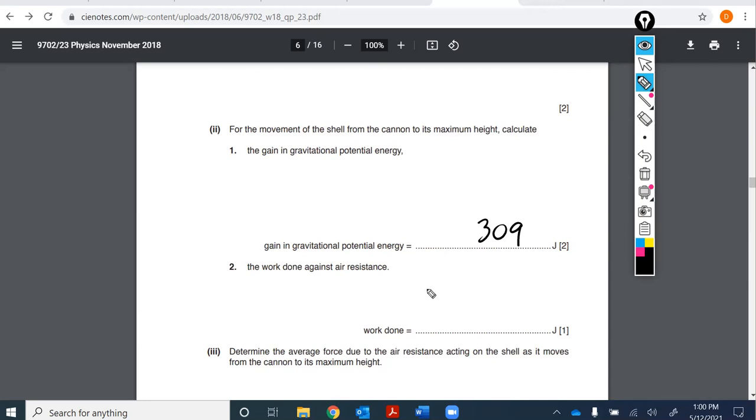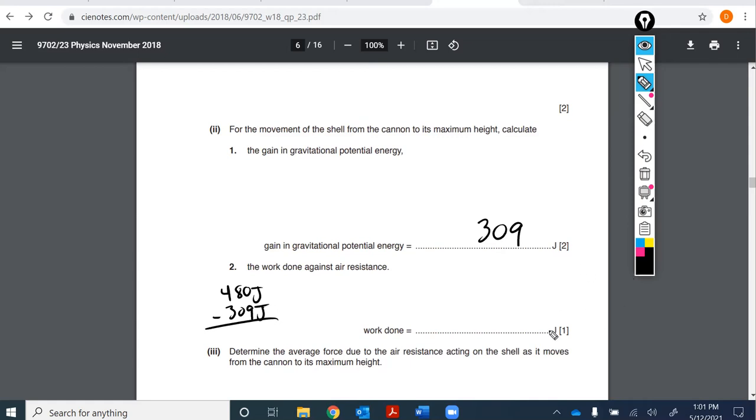The work done against air resistance. If we had 480 joules of kinetic energy upon launch, but we only gained 309 joules of gravitational potential energy, we're missing some energy. You should always be thinking about the energy budget: it should balance. When it doesn't, there's some energy loss due to wind resistance usually, and that's exactly what they ask us to calculate.